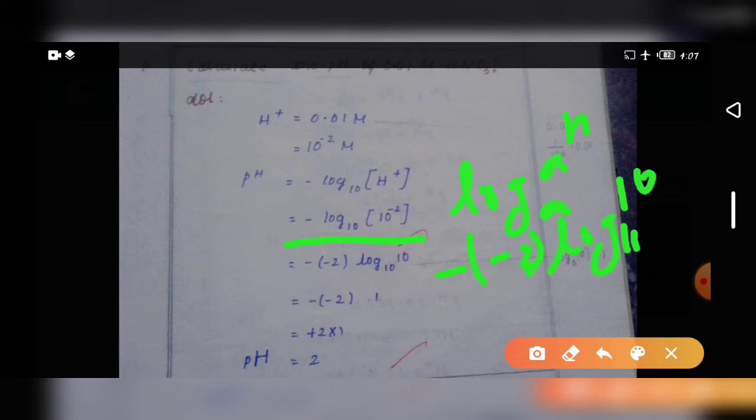See here log 10 base 10, the log value is 1. So minus into minus plus, so 2 into 1 equal to 2. So pH value is equal to 2. You have to identify the pH value is 2. Now the pH value is less than 7, so the solution is acidic.